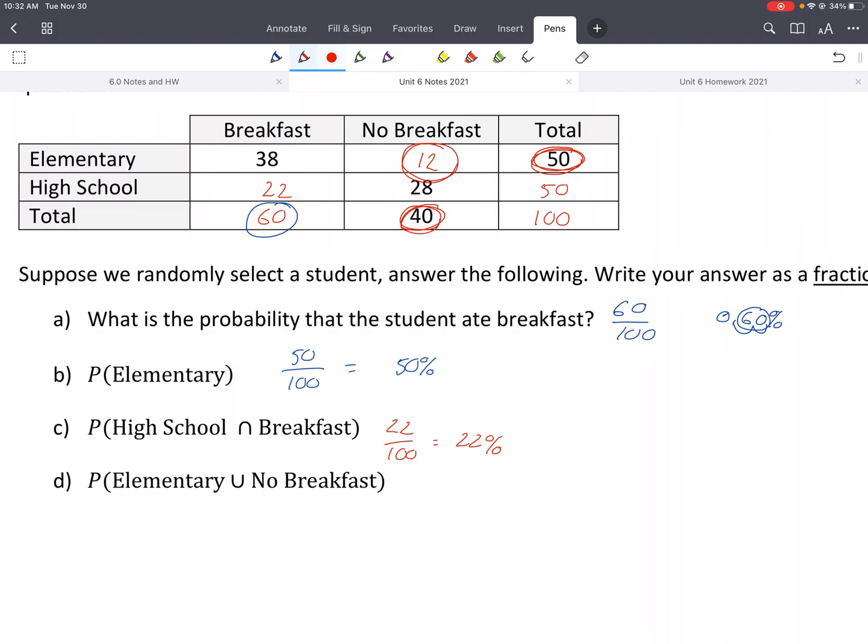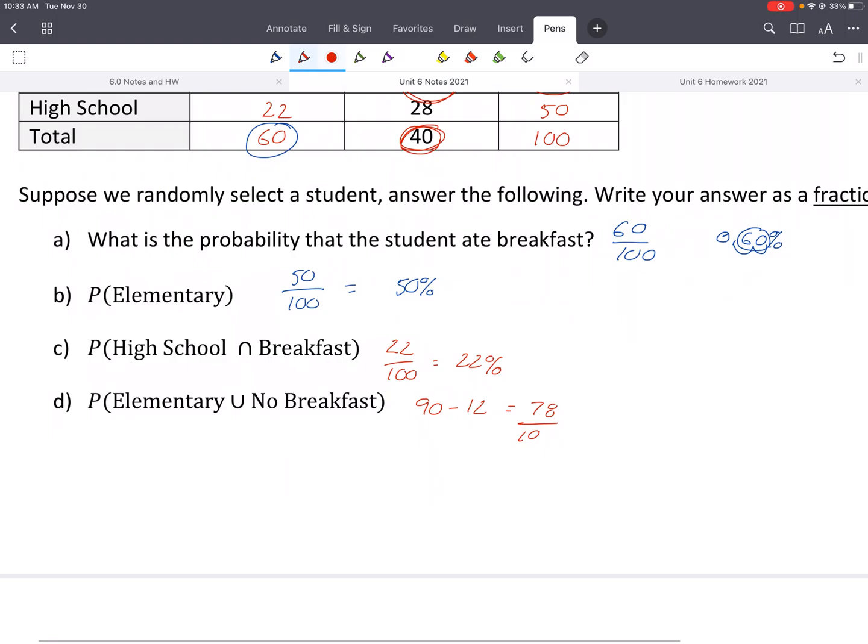So if we add 50 plus 40, that's 90, but we need to subtract 12. That would give you 78 out of 100. Another way we could do that is to do 50 and then just add the 28, and that gives you the 78. And then we'd write down the percentage, so that's 78%.